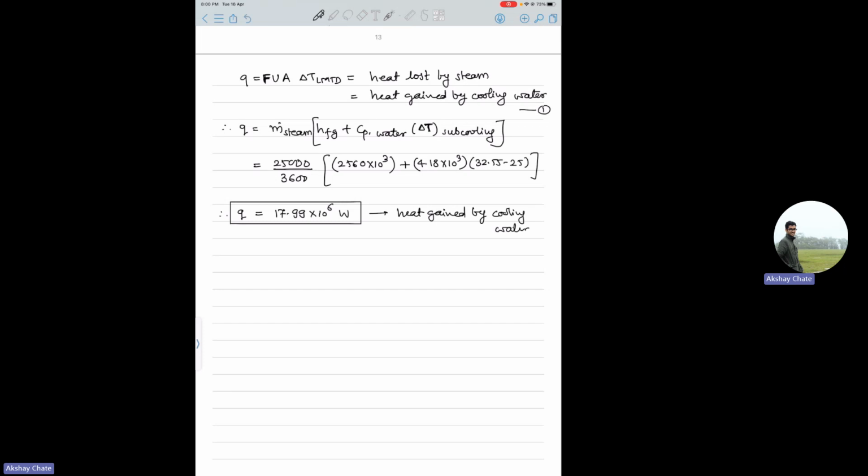The reason why I'm comparing this is because we need to find how many tubes are required, right? That depends on the cross-sectional area of tubes and how much mass flow rate is going through those tubes, because anyway we have to pump the cooling water. So this Q, which is 17.99 into 10 to the power 6, is also equal to m dot of water into Cp of water into 25 minus 15, right?